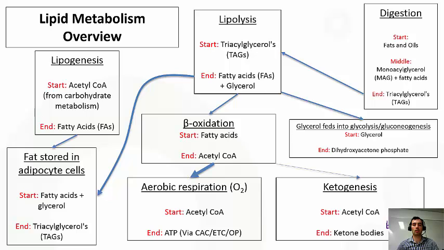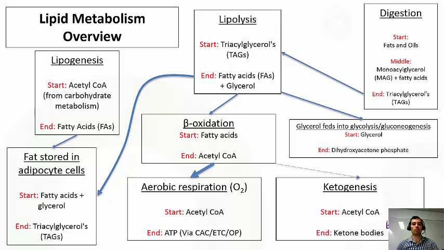So what dictates whether we're going to use acetyl-CoA from beta oxidation in aerobic respiration or ketogenesis? It's basically how readily available oxaloacetate is. If oxaloacetate is available, then we're able to combine acetyl-CoA with oxaloacetate to start the citric acid cycle. Then we can keep going through those phases in aerobic respiration to make ATP. But what about if there's not enough oxaloacetate?